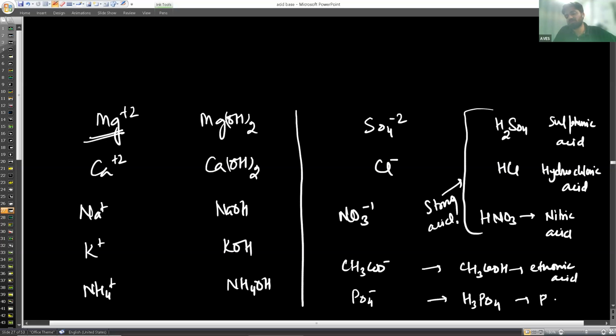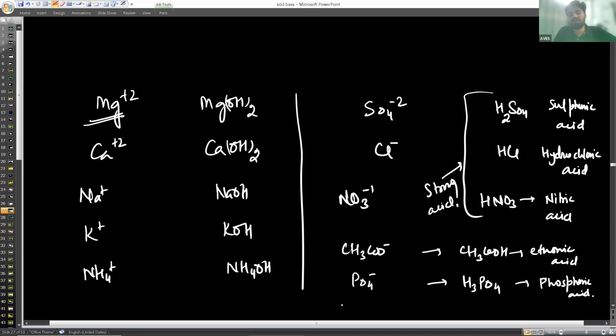If you have the carbonate ion CO3 minus 2, it has come from carbonic acid, H2CO3. Note it down, please. And these are all weak acids.